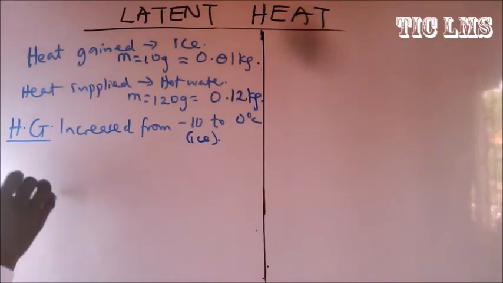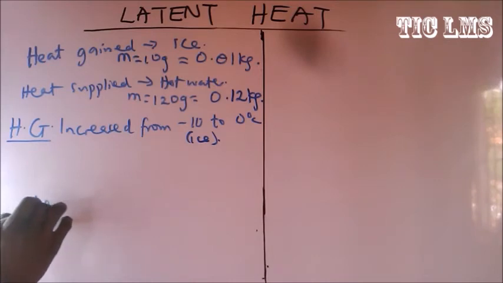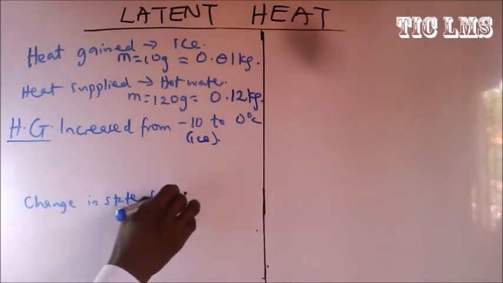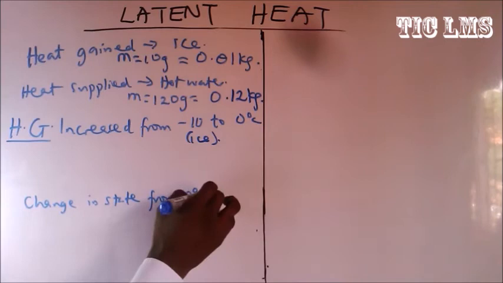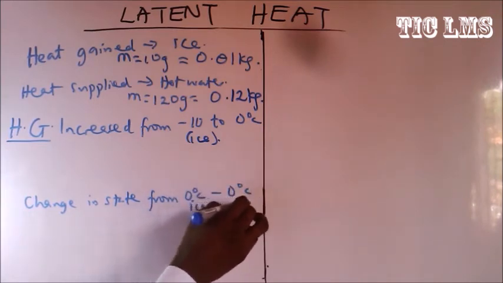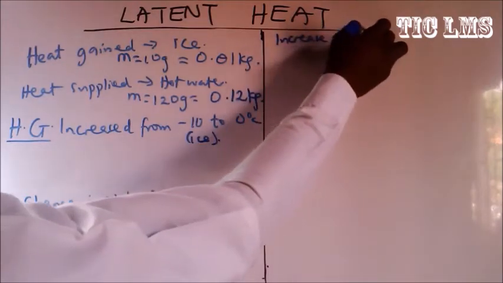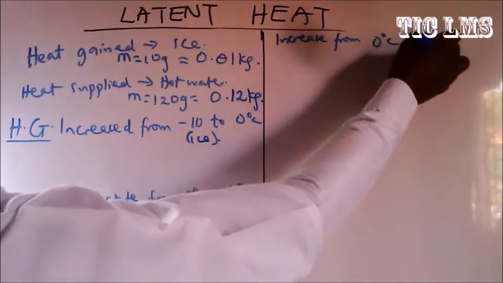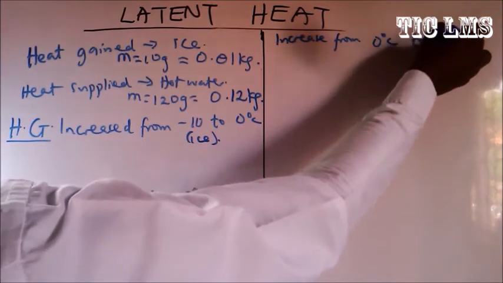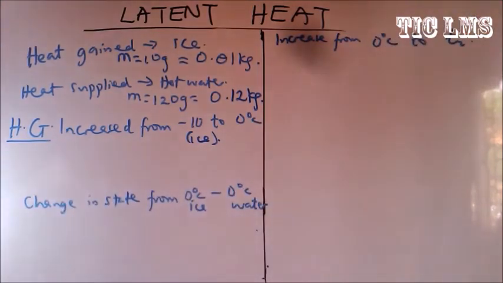Then the second stage is a change in state from 0 degrees Celsius ice to 0 degrees Celsius water. Then the third stage of heat gain is an increase from 0 degrees Celsius water to a final temperature, which we do not know yet, and that is what we are looking for.